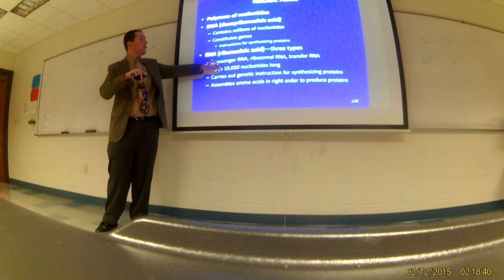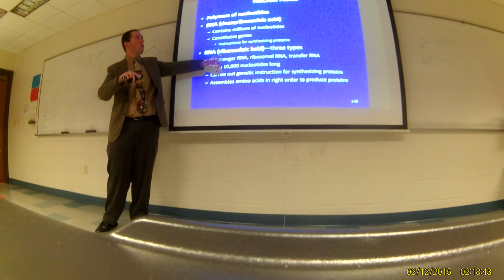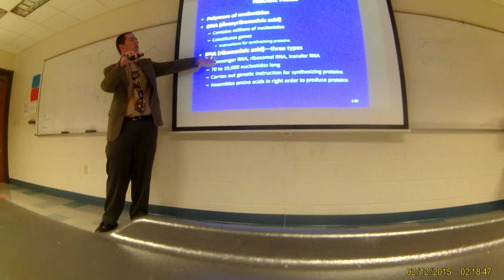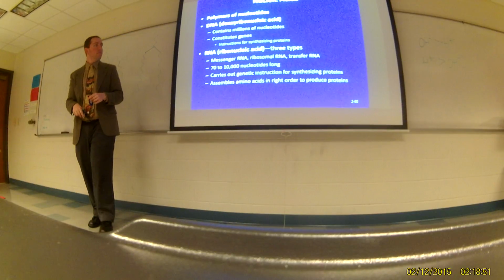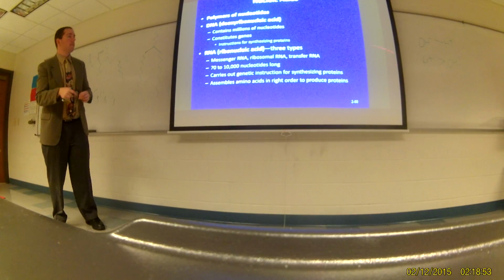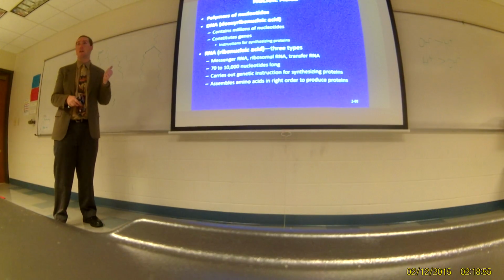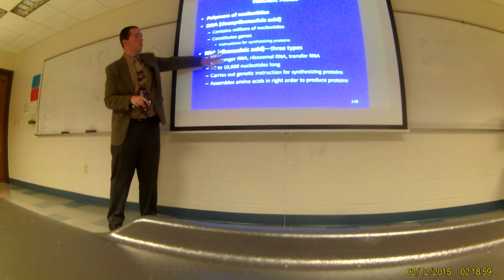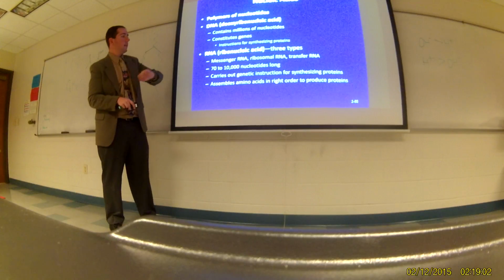There's also RNA, ribonucleic acids. These have one more oxygen than DNA, which is deoxy, and these are just ribonucleic acids. And there are 3 types of RNA. There's messenger RNA, ribosomal RNA, and transfer RNA. We'll talk about the specific purposes of those next week.